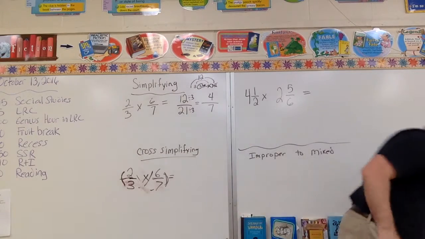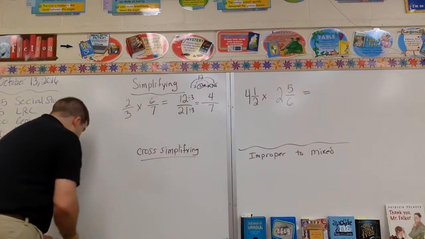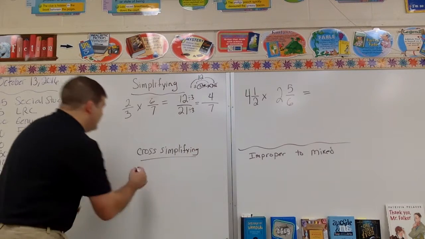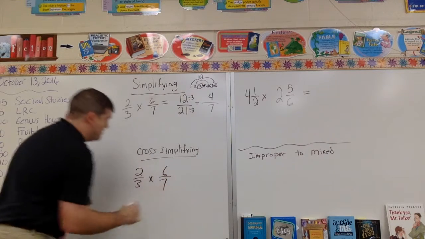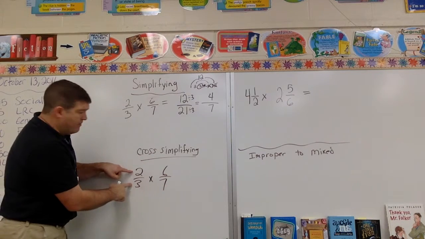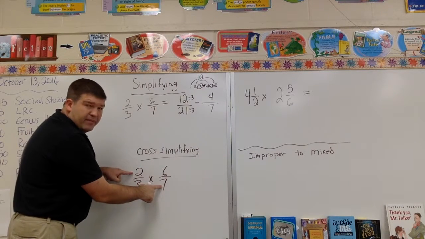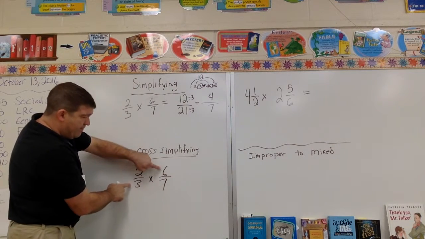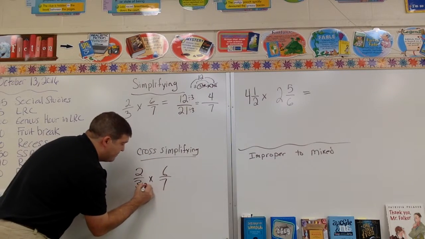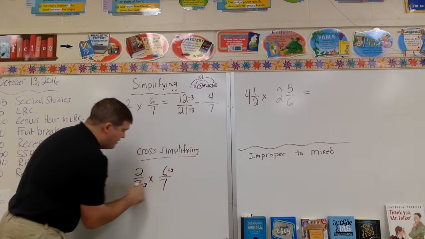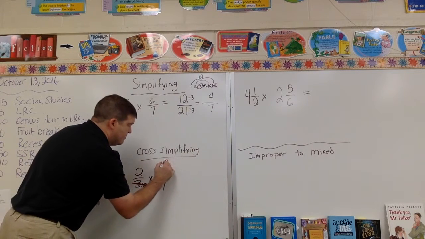So, I'm going to rewrite this, and I'm going to cross-simplify. So I have 2/3 times 6/7. 2 and 3 can't be simplified. 6/7 can't be simplified. 2 and 7 can't be simplified. 6 and 3, they can be. I know 3 goes into each of those. 3 divided by 3 is 1, and 6 divided by 3 is 2.